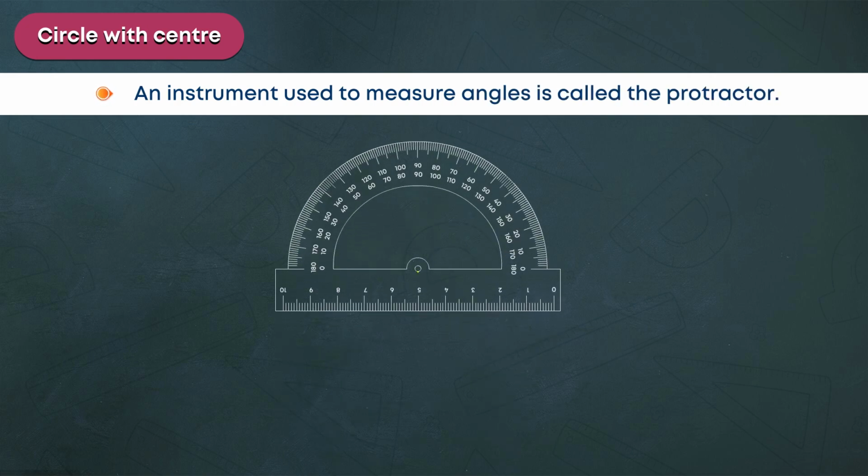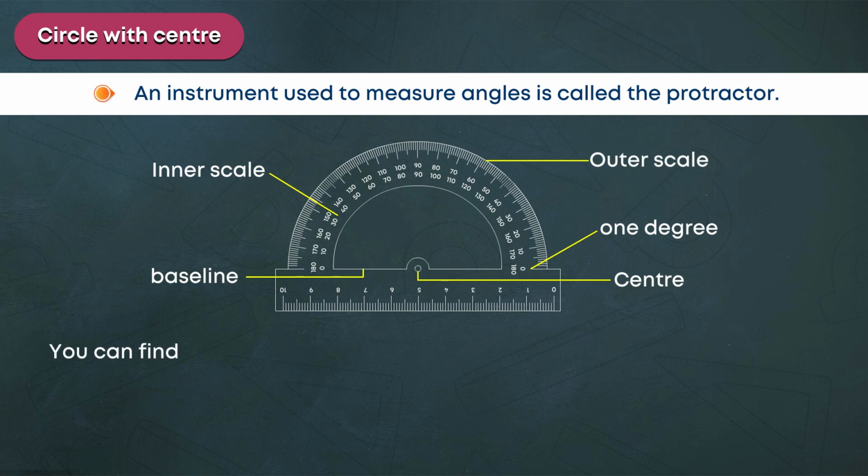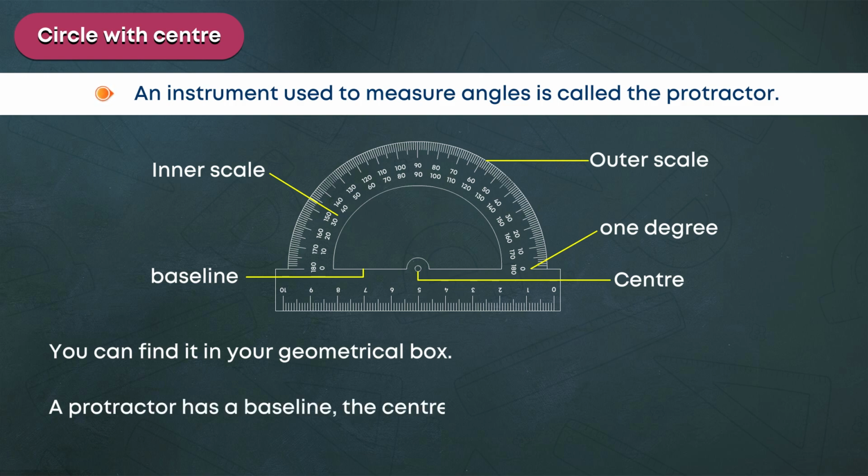An instrument used to measure angles is called the protractor. Center. Baseline. 1 degree. Inner scale. Outer scale. You can find it in your geometry box. A protractor has a baseline, the center of which is O, which shows the center of the circle.